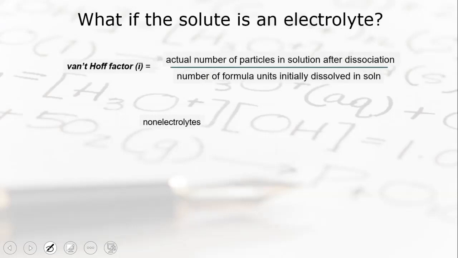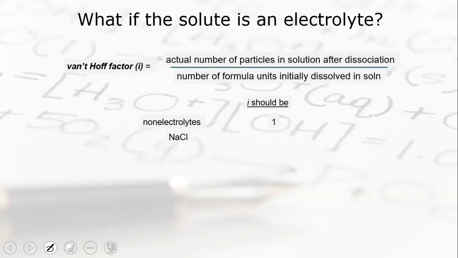So let's build a little table here. Let's consider a non-electrolyte, and let's see what i should be. A non-electrolyte gives you 1 particle per formula unit, right? 1 CH3OH for every CH3OH that you put in. So the Van Hoff factor i should be equal to 1. What about NaCl?